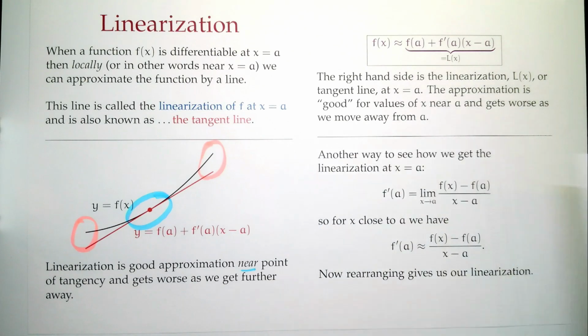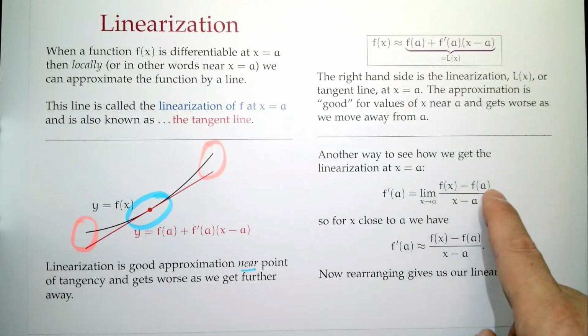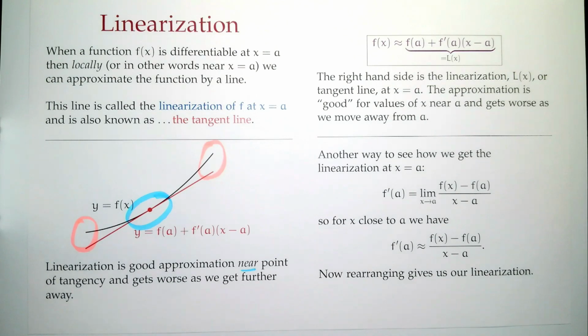Now, there's another way to get linearization, which is if you go back and think about the definition of the derivative. We said that the derivative f prime at a is the limit as x approaches a of f of x minus f of a over x minus a. Okay, so what do we do? Well, we know how limits work.